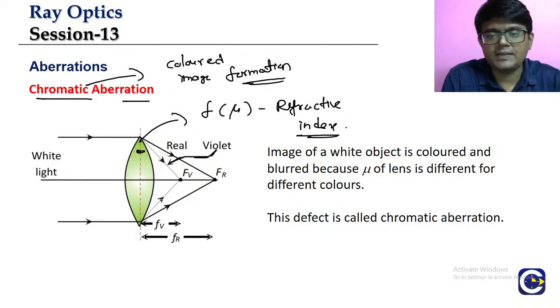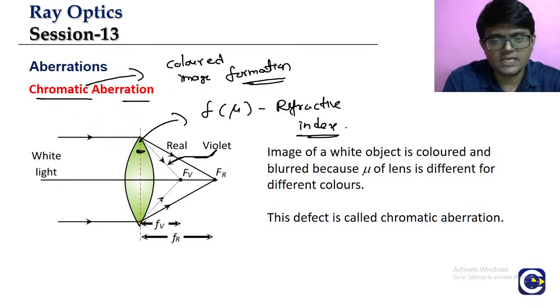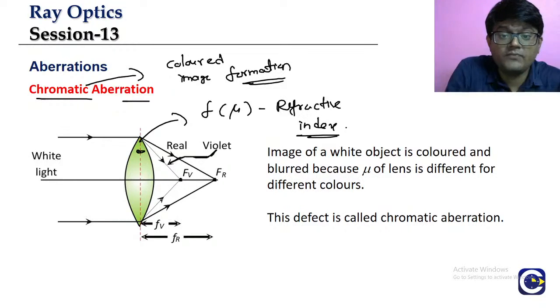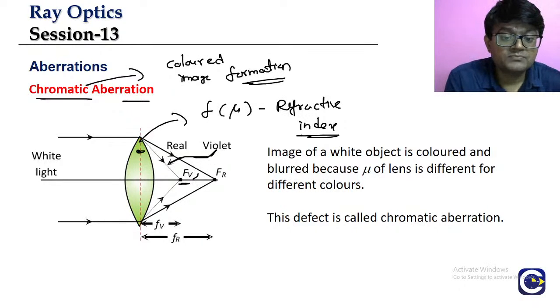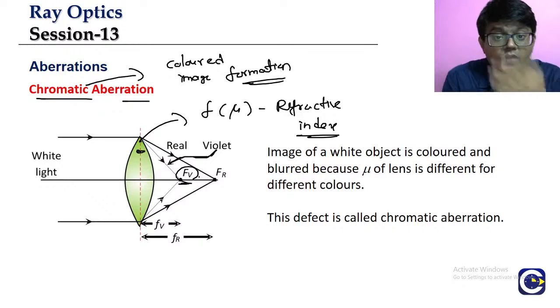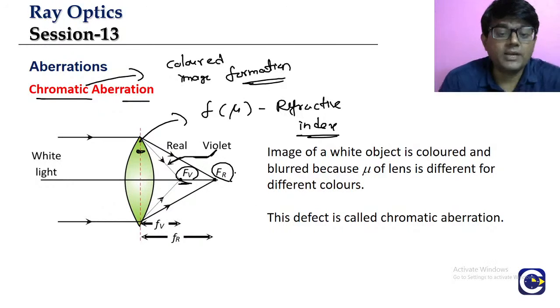Because of this, when the object is releasing white light, which is a mixture of all the colors, and you pass a parallel beam of white rays, what do we observe practically? The violet will focus onto one point, corresponding to the focal length of the violet. Red will focus at another point, relating to the focal length of the red, because focal length depends upon the refractive index.